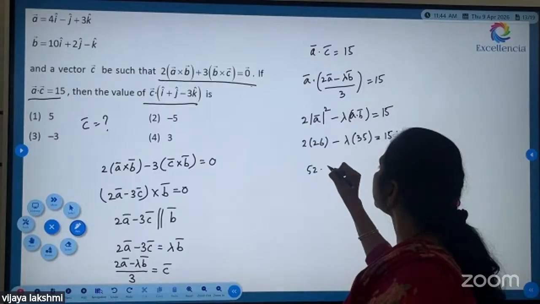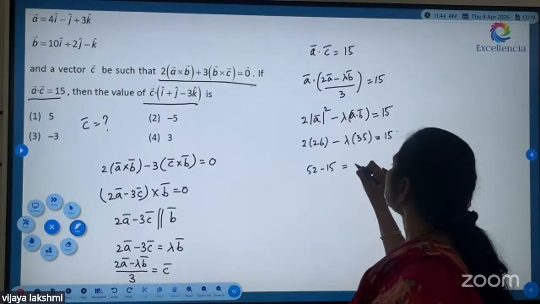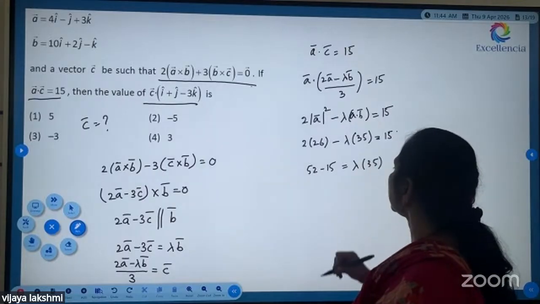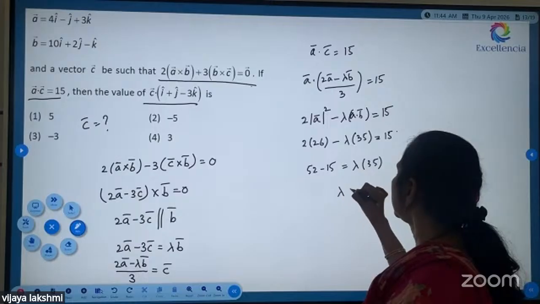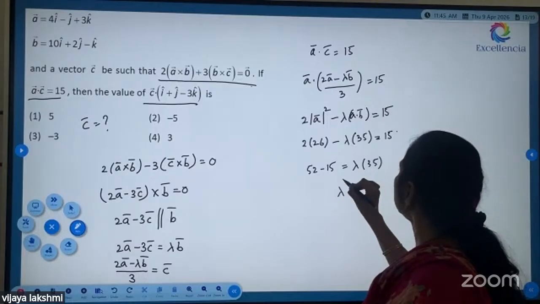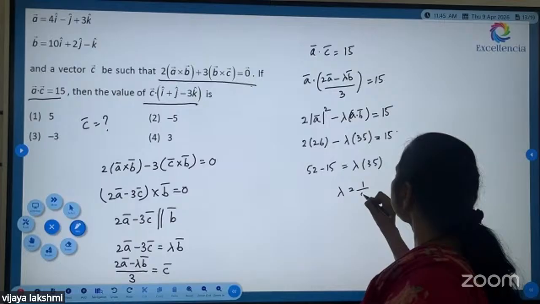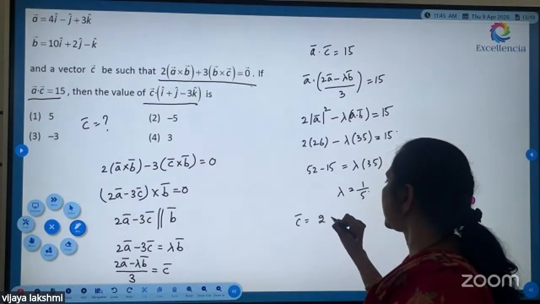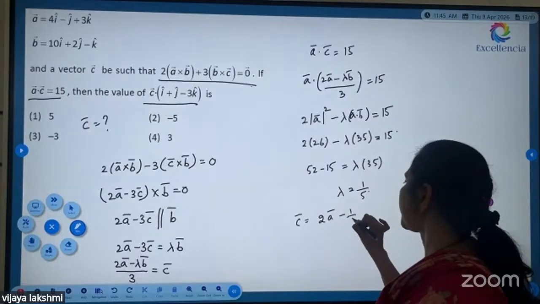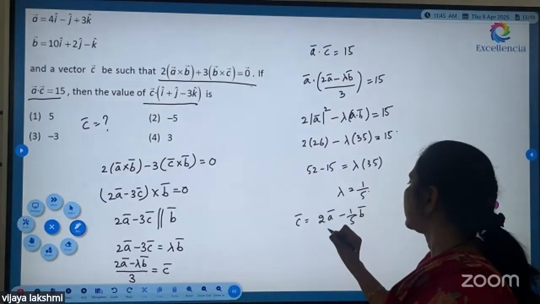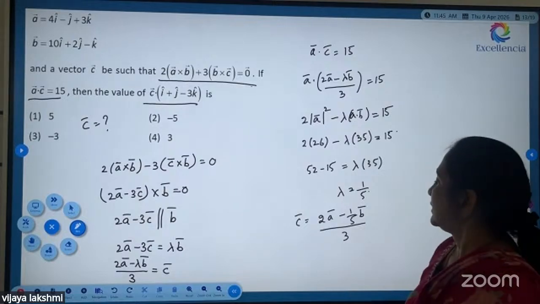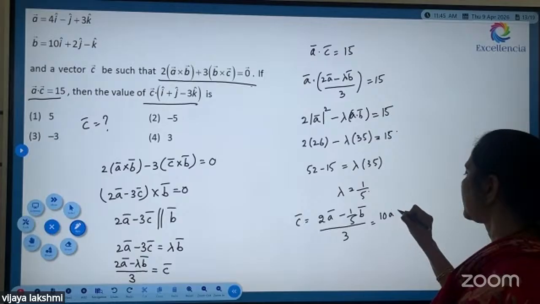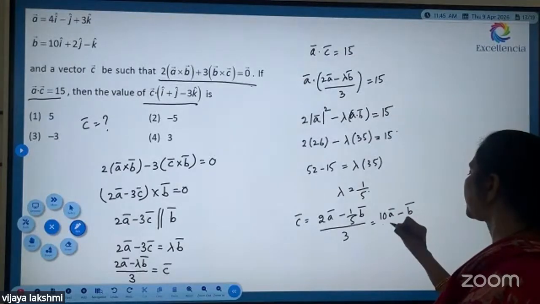That's why I have taken it out: we are getting lambda equal to minus 2 by 5. Just substitute lambda, then you get a bar minus 1 by 5 into b bar, and then 2 times, 10 times of a bar minus b bar by 50.